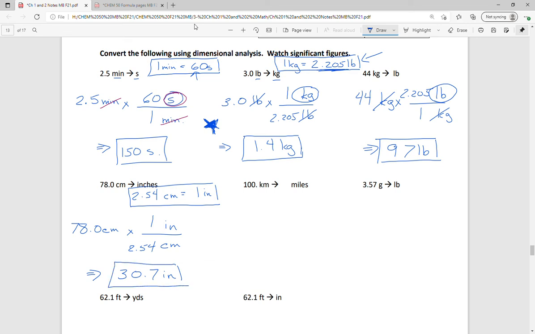If you like canceling these out, it is a good way to check that you didn't do something backwards. I sometimes make mistakes in doing things backwards, and so it does give you a chance to just double check your work. I also like writing out that conversion statement. Again, unless it's something that I'm doing repetitively, it keeps me from making mistakes, which I have illustrated to you, I think.